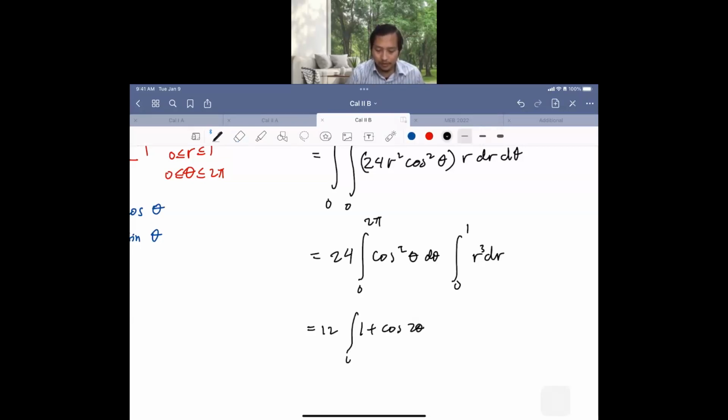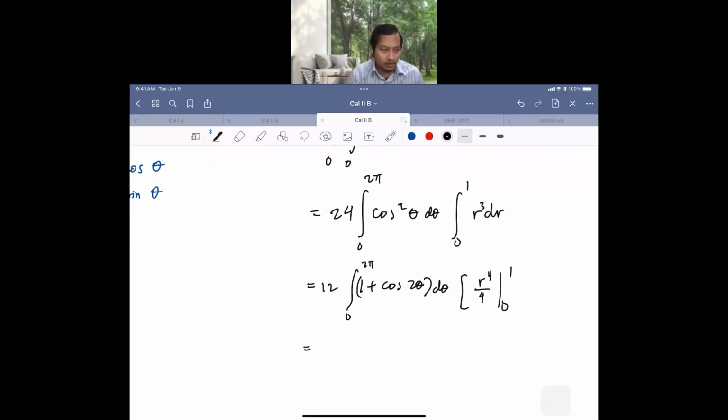So we have the integral from 0 to 2 pi d theta. The r integral becomes r to the fourth over 4 from 0 to 1, right? And this will be 12 times theta plus sine 2 theta over 2 from 0 to 2 pi.